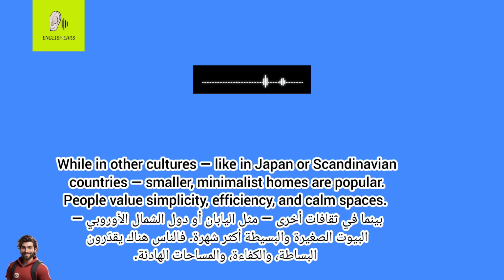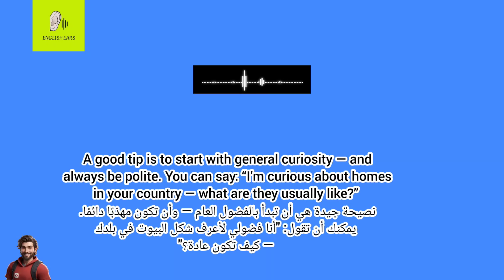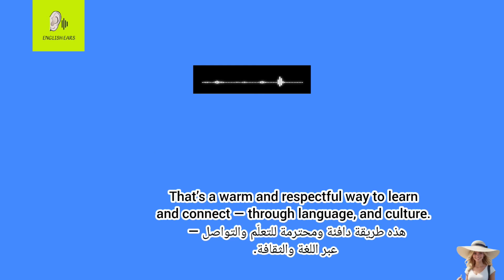People value simplicity, efficiency, and calm spaces. A good tip is to start with general curiosity and always be polite. You can say, "I'm curious about homes in your country. What are they usually like?" That's a warm and respectful way to learn and connect through language and culture.